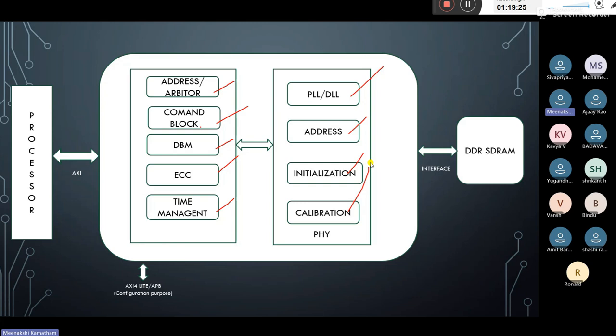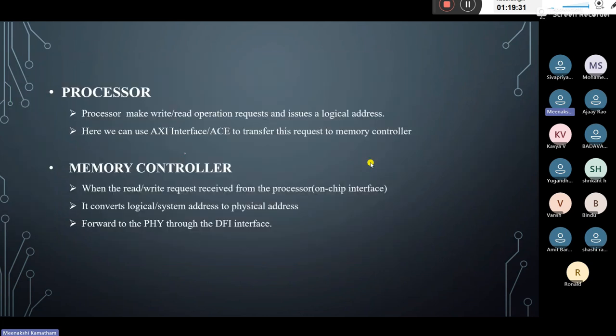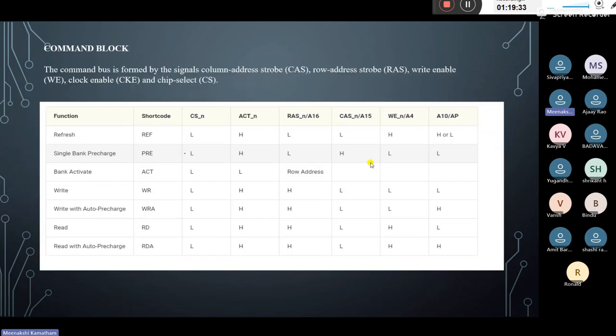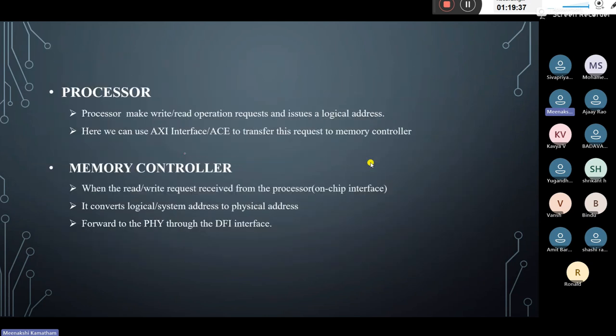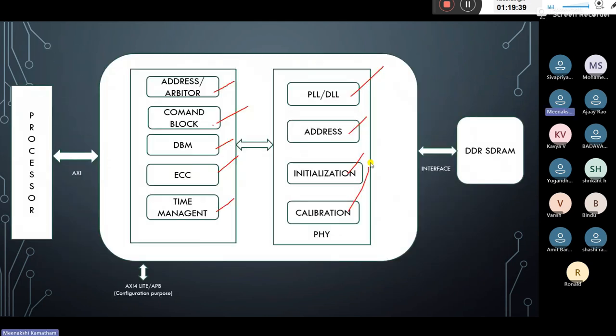In the command block, the command scheduler is the main thing, then ECC is error correction, and DBM is bus management only; actually, I don't know that one. I worked on the arbitration block and have hands-on idea, and timing management is also fine. We have to maintain some timing after the activation command: a minimum of 2 cycles is required for the tRCD delay.